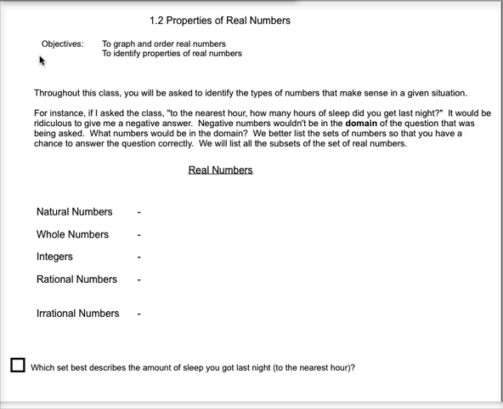So what we're going to talk about is the different classifications of numbers. I'm hoping this is review for you, but it never hurts to go over it again. Natural numbers are really just what you can count in the real world: 1, 2, 3, 4, and so on. Anything you can physically count. Whole numbers are essentially the same thing, but they also encompass 0.